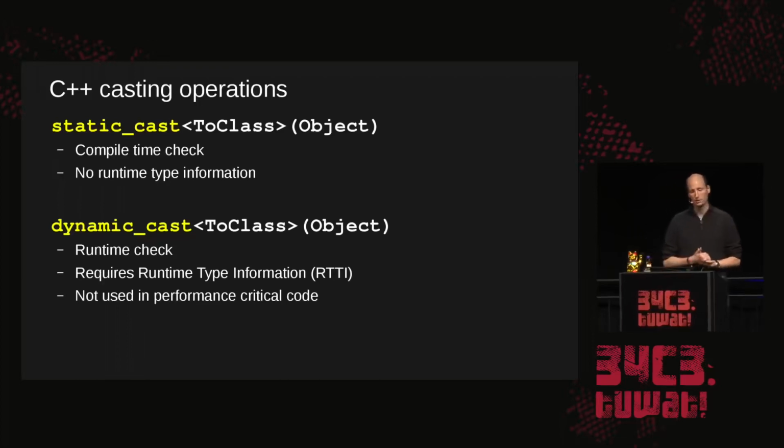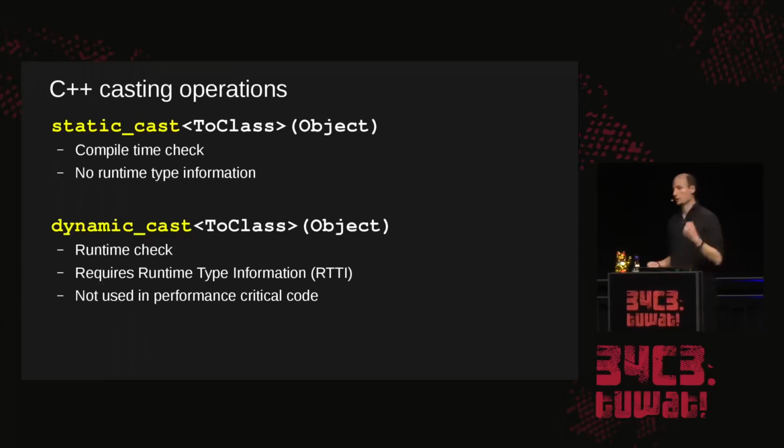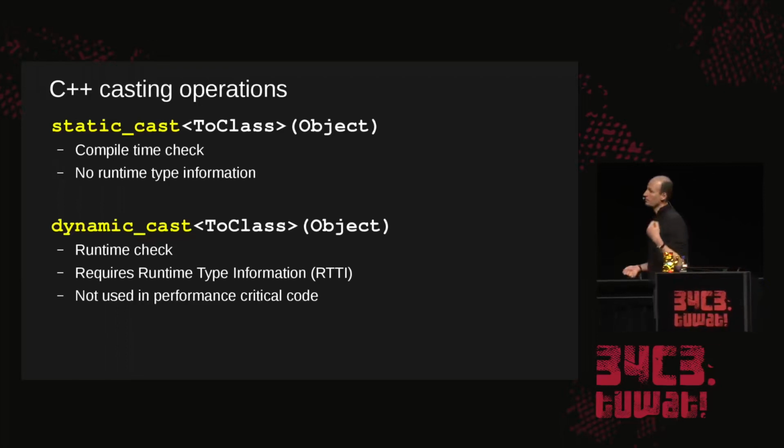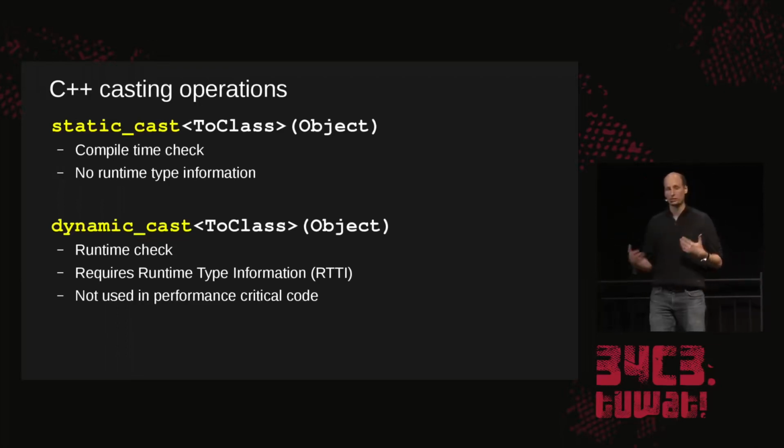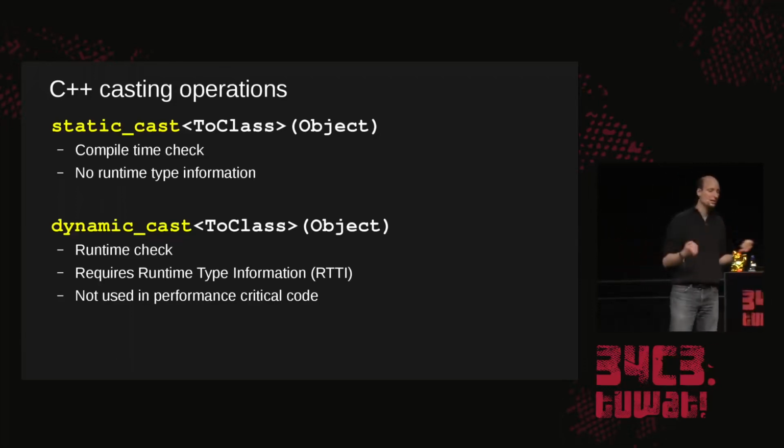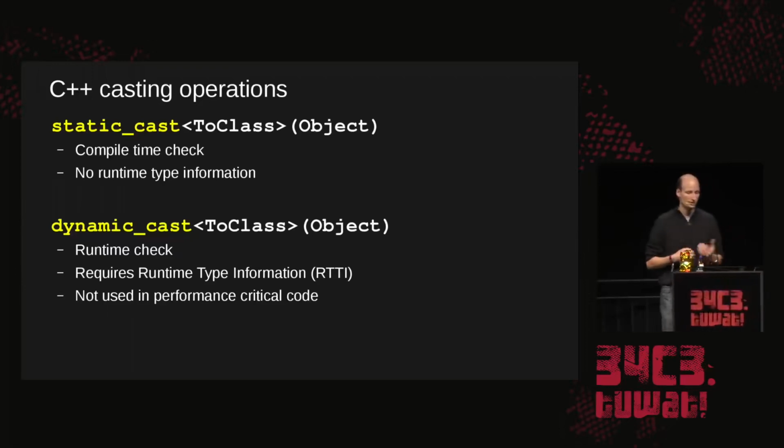A dynamic cast, on the other hand, executes an actual runtime check. So a dynamic cast is somewhat comparable to a cast in another programming language, like for example in Java. When you're doing a typecast, it is actually enforced that the object that you're casting into a different type actually is of that other type, so that the cast is allowed.